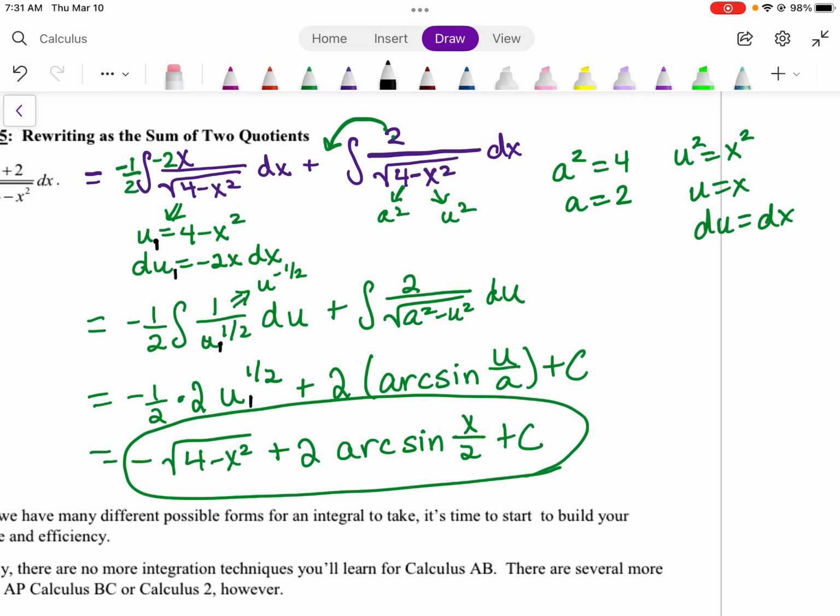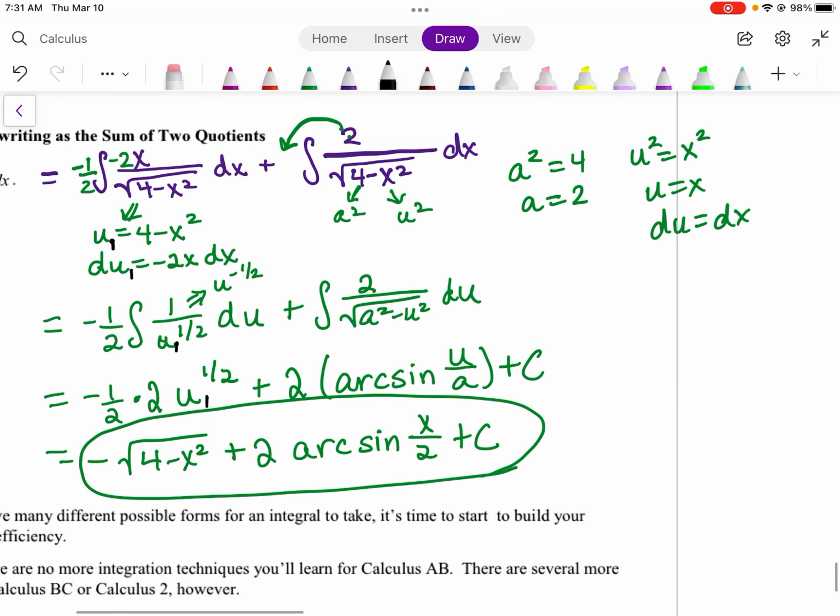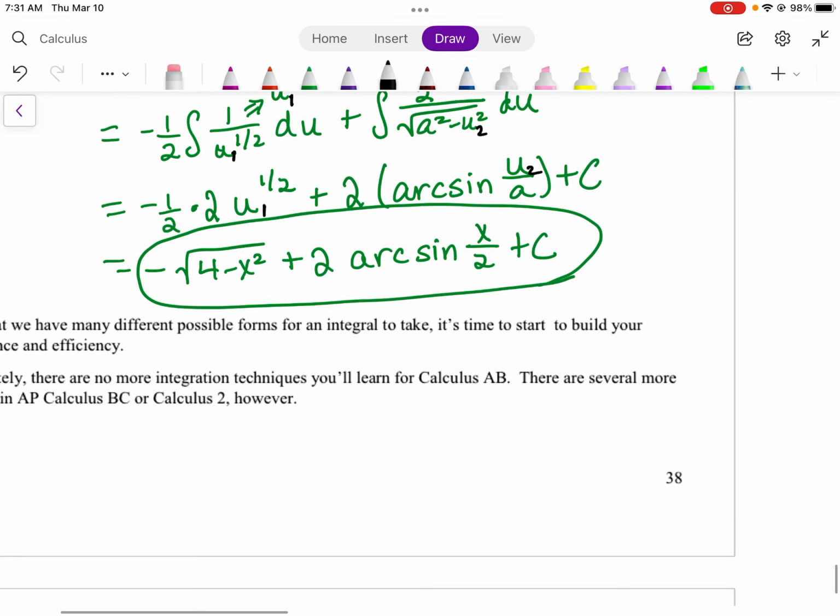So I'm integrating u of 1. And then over here, they are going to call this guy u of 2. So they'll give him a name that's different than the other one. So just so you know, if you start seeing subscripts, that's just distinguishing the left u from the right u and telling you that they're different values.